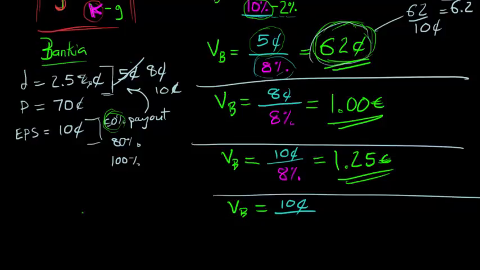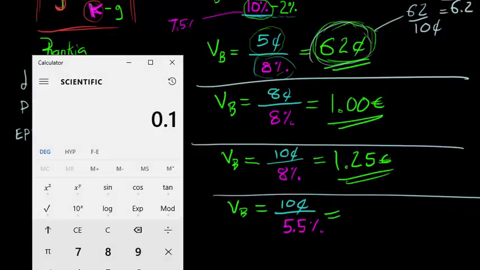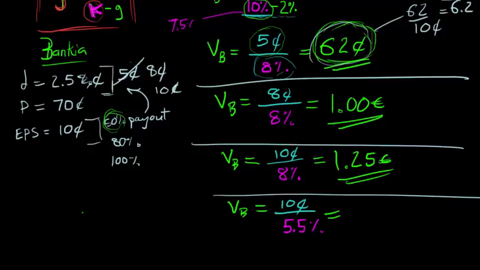So if I change this to 7.5%, then I've got 7.5% less 2% gives us a 5.5% discount rate, and the new value is going to be 10 cents divided by 0.055, €1.81, which is actually an entirely possible valuation for Bankia. In fact, probably a quite likely future valuation once we get through the problems with the banking industry. Looking at a five-year basis from now, probably could be a good target.